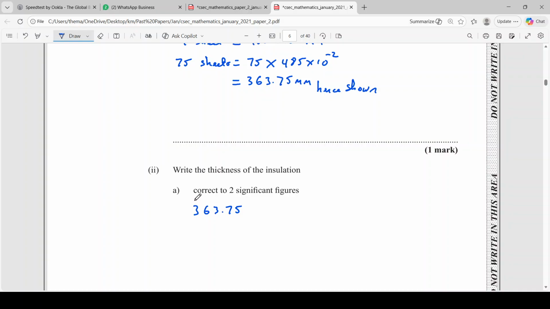So the first significant figure is 3, the second one is 6. So then we will draw a line here. 3 is less than 5, so we're not adding 1 to the 6. So this will become 3, 6, and everything else will remain as zeros. So 360 millimeters.